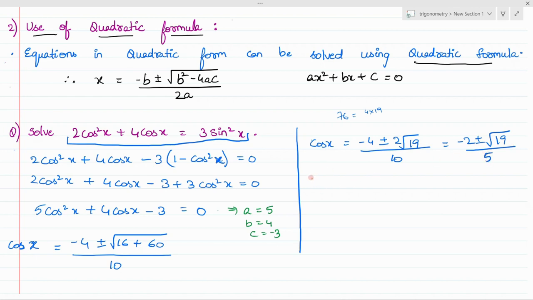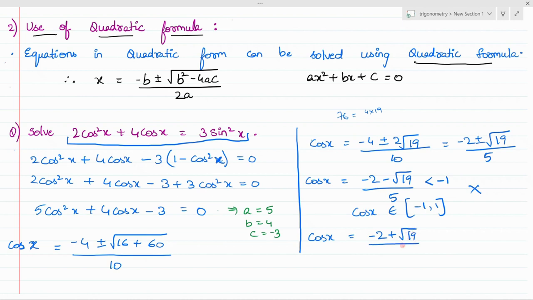So again, two possible cases. Case 1 is cos x will be minus 2 minus under root 19 upon 5. If you calculate this value, it is less than minus 1. But we know that cos x belongs to minus 1 to 1. So this value is rejected. So for the other case, cos x will be minus 2 plus under root 19 by 5. This can be written as under root 19 minus 2 by 5.